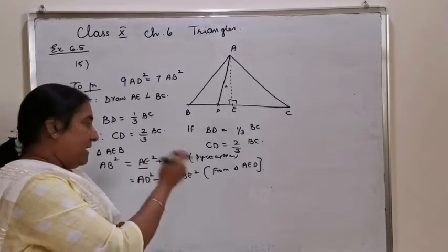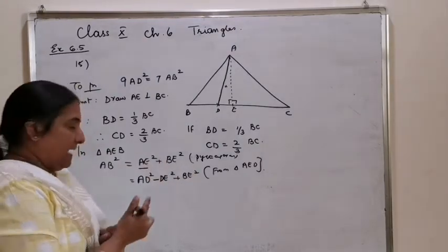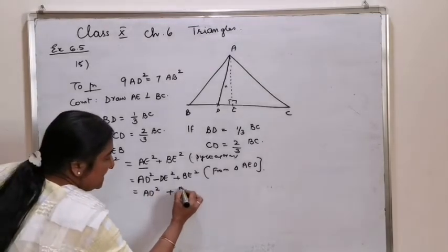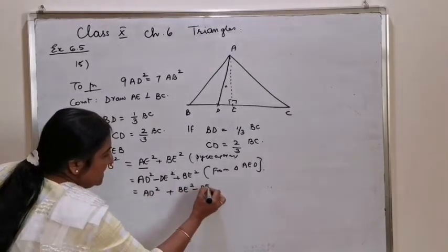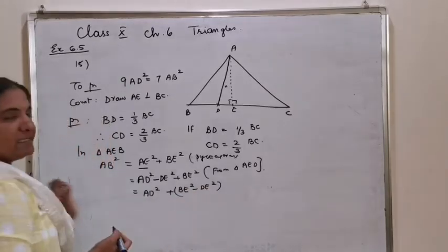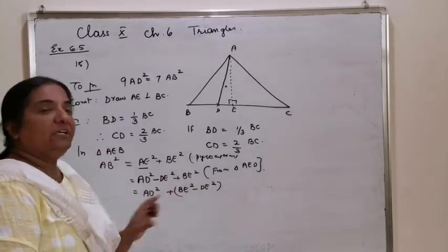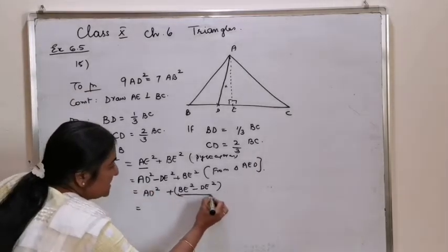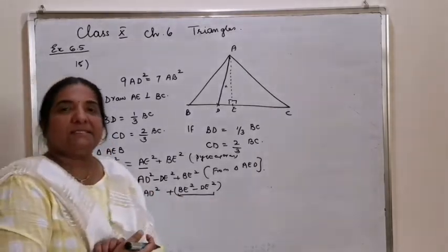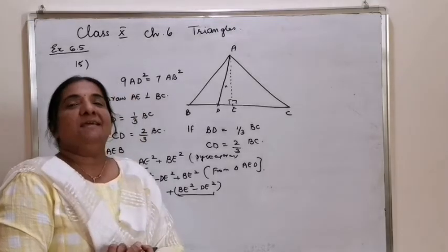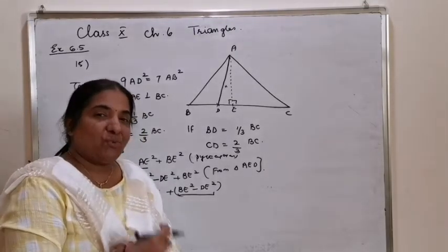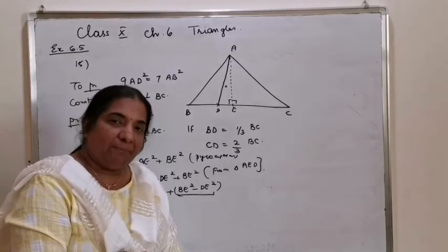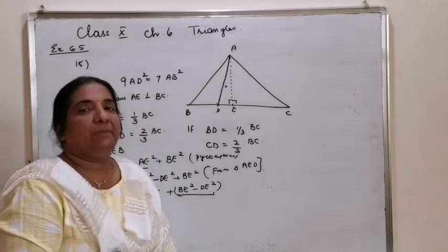Now, a rearrangement as AD square plus BE square minus DE square, just a rearrangement of the terms. If you look into this term, it is like the identity of A square minus B square, which can be factorized as (A plus B) into (A minus B).